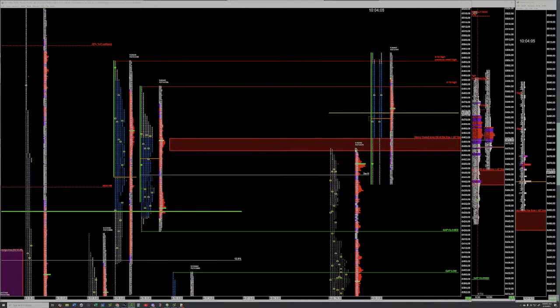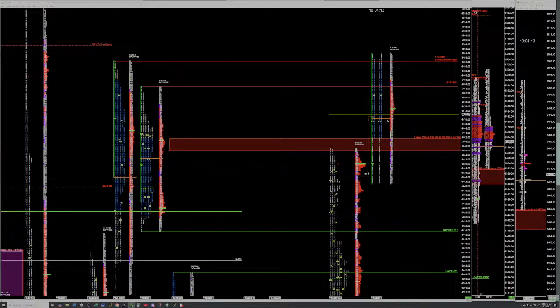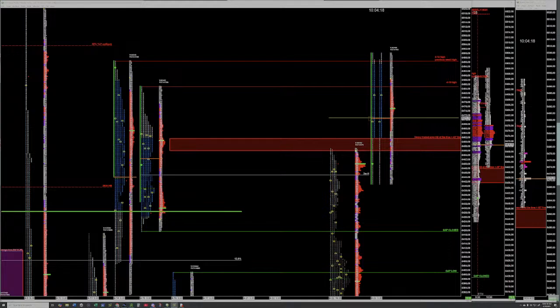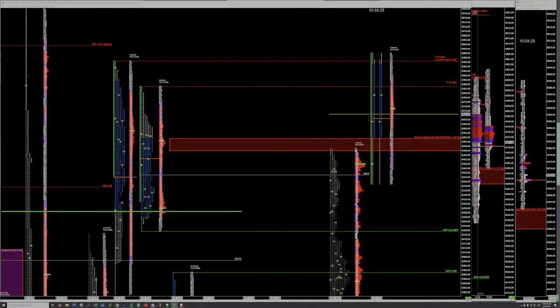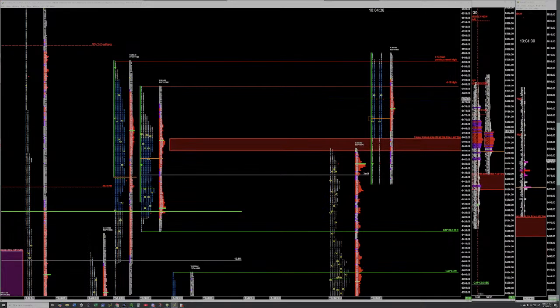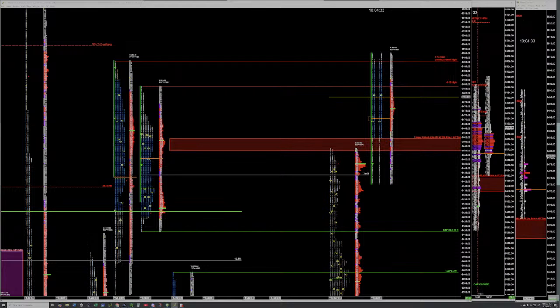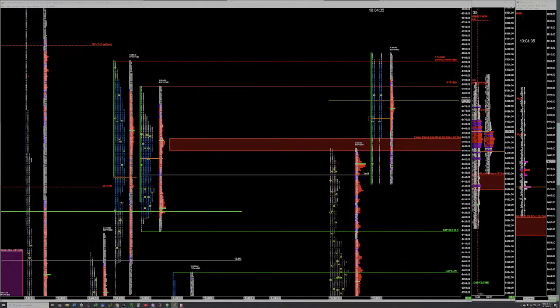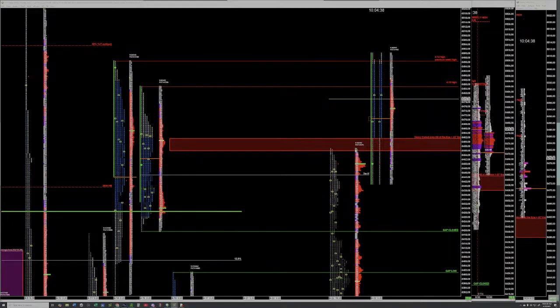All right, look at where the market is coming from. Did you see where it was bought here? Did you see where it was bought? Volume is very high here.